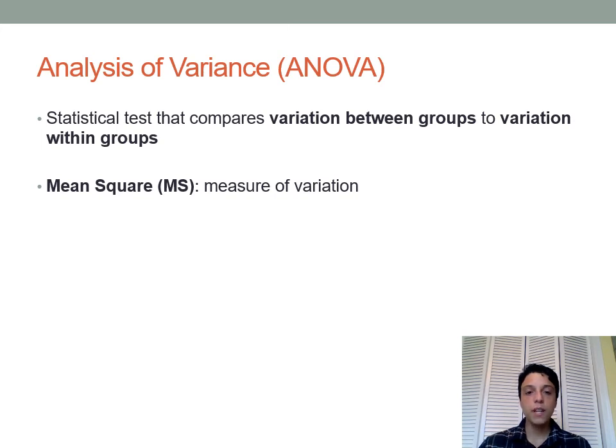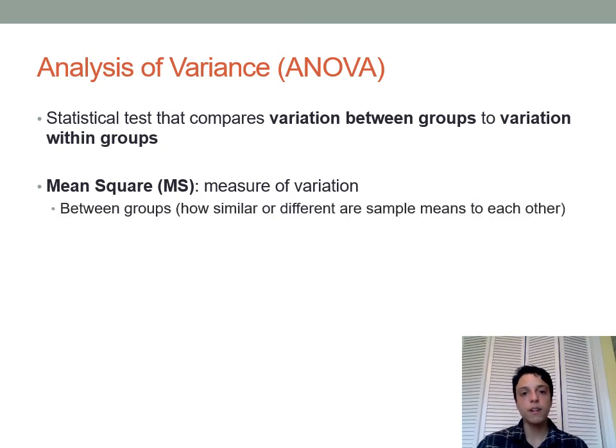And to measure variation between groups and variation within groups, we're going to be looking at two measures that we refer to as mean square measures. I'm not going to go through where they come from or how they get that name. We're just going to go right to interpreting what they are and then taking a look at how they are used to calculate a test statistic for this hypothesis test.